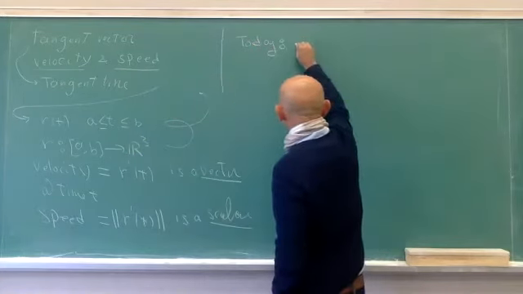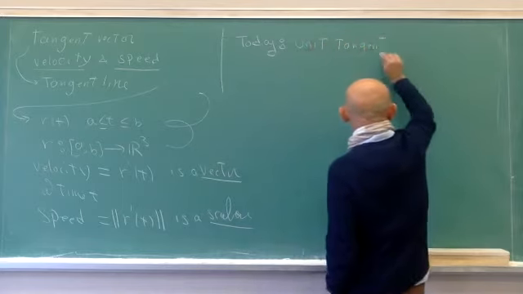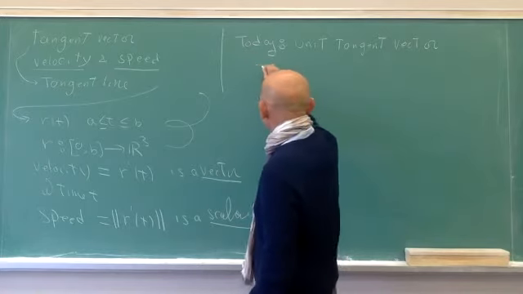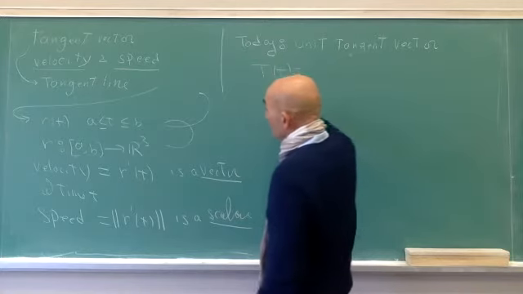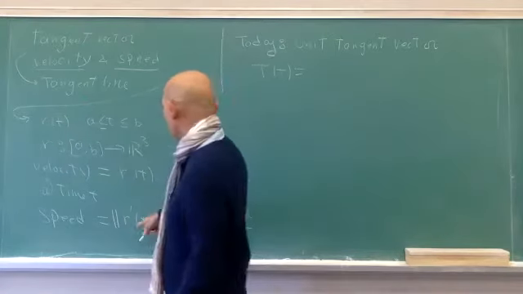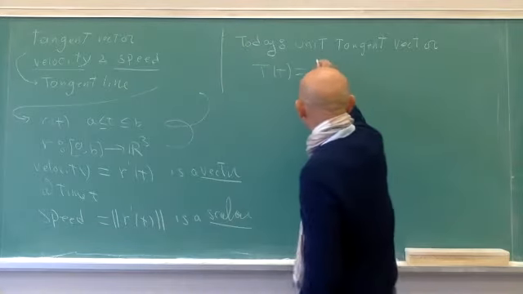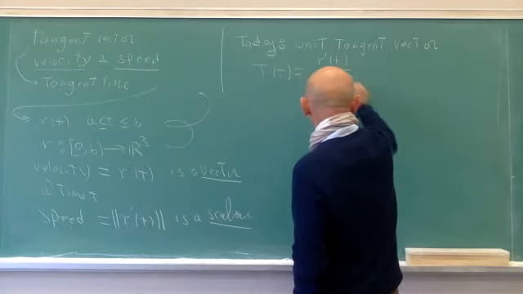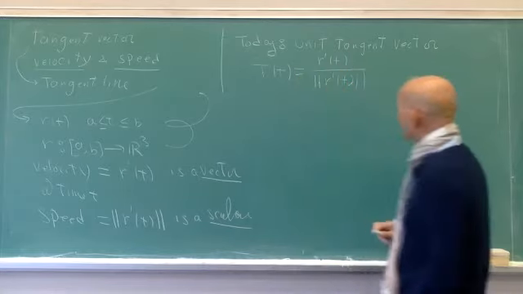The way it's defined, T is again a vector, but we take the velocity and divide by its speed, its length. So we take r prime of t divided by the norm of r prime of t, the length or magnitude of r prime of t.